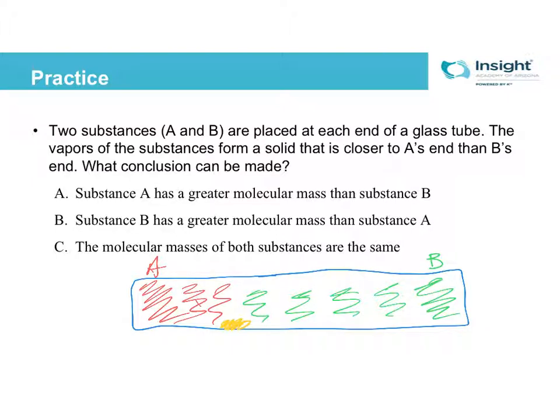That's going to be B, because it goes a lot further before catching up to A. So B is faster, which also means B is lighter, so it's got a smaller molecular mass. That means choice A would be your right answer, because it says that A has the greater molecular mass, so it's the heavier and slower substance as compared to B.